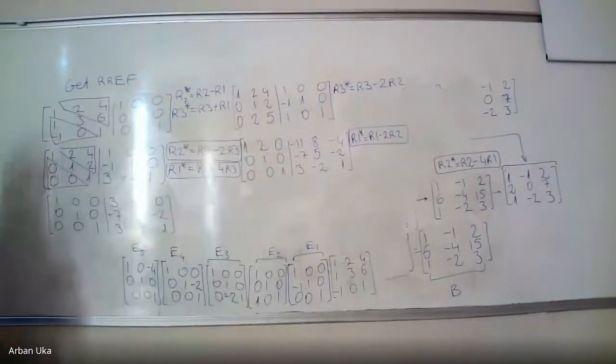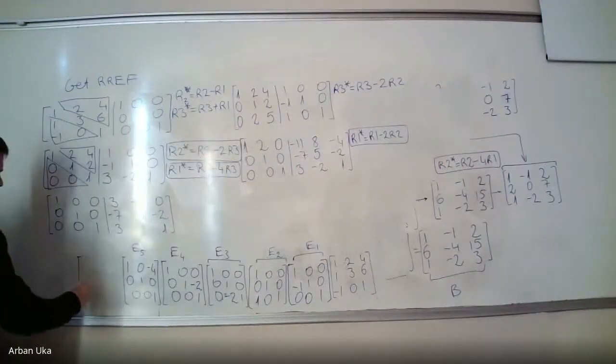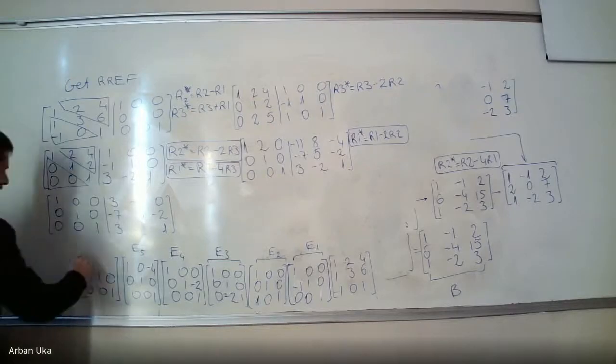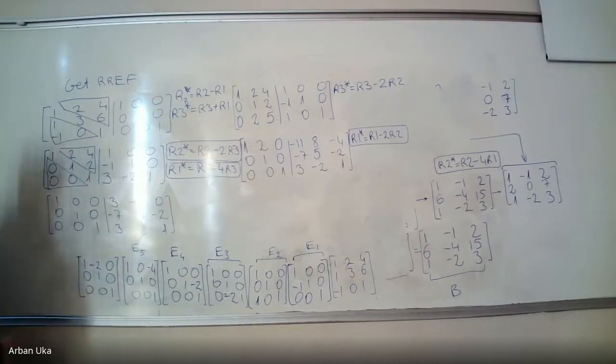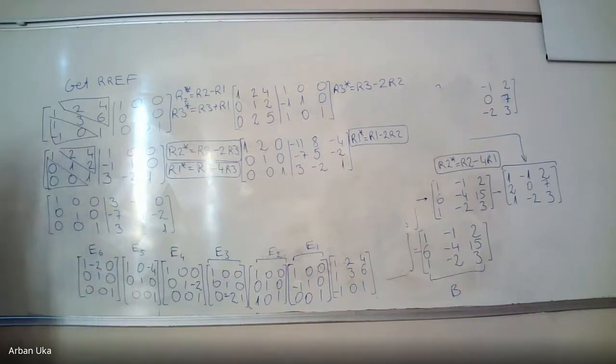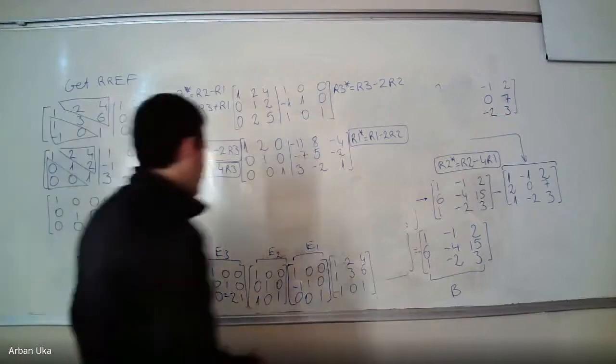Row 1 minus 2 row 2. So this is going to be equal to 0, 1, 0, 0, 0, 1. What should be the first row? 1 minus 2. Yes, 0. So this is E6.